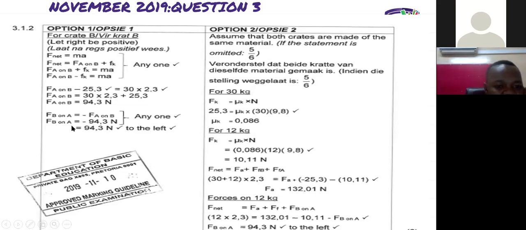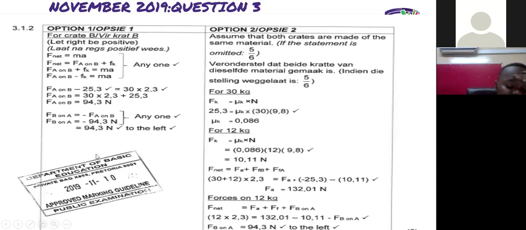Hence, when we resolve it further, the force that B exerts on A will be in that opposite direction, which is negative, but the magnitude will be equal. Then we interpret that, and that gives us 94.3 newtons to the left. And this is how 1, 2, 3, 4, 5, and 6 marks are allocated.